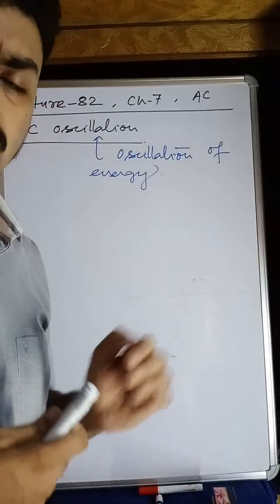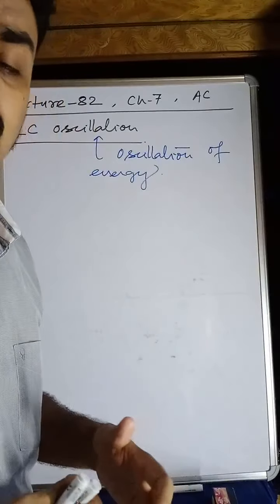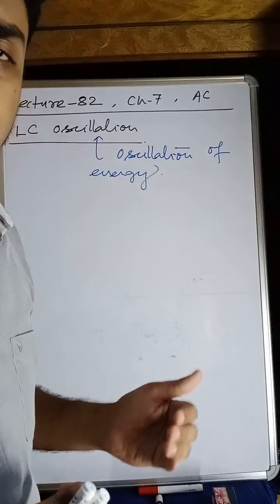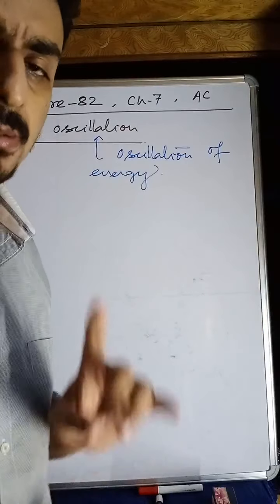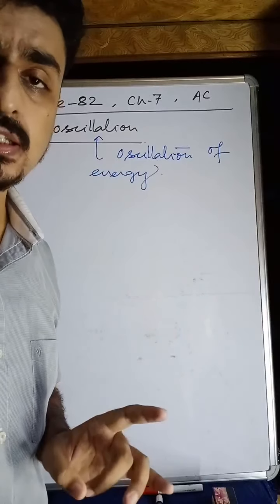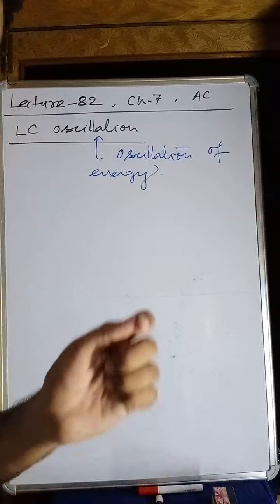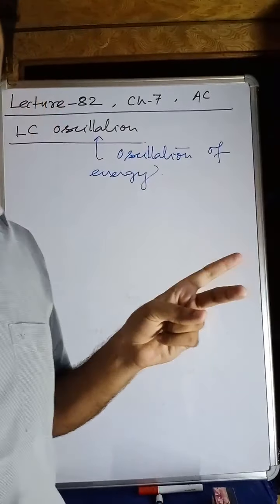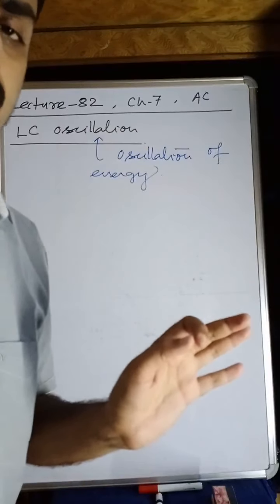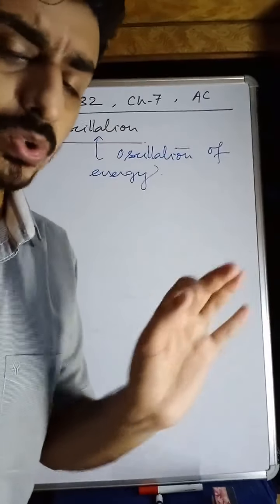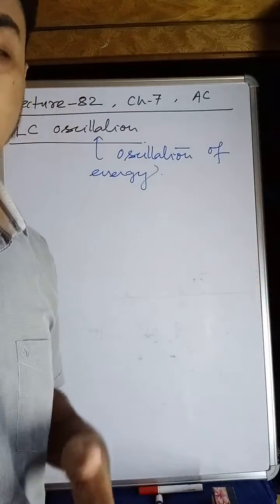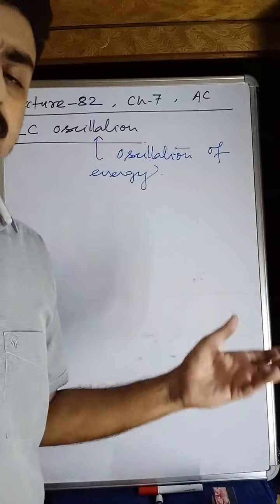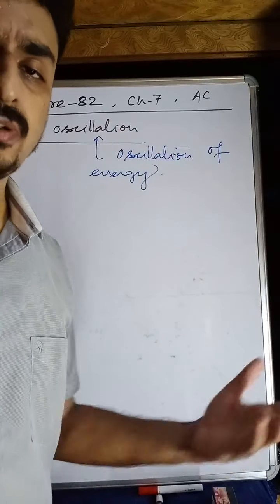Suppose the energy in the system is E; it remains the same during the exchange between these two devices. Remember, if the total energy is E, then the energy you sum up from these two devices gives E. But if there is loss of energy, then you will find the energy goes on decreasing, and that case will be something different.